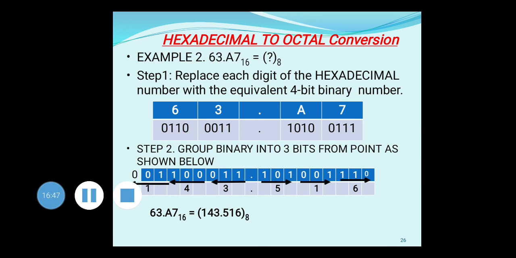I hope you have understood the hexadecimal to octal conversion. So the rules are: represent each digit with 4-bit binary, and then group those binary bits into 3s and represent each 3-bit binary with its equivalent octal number.